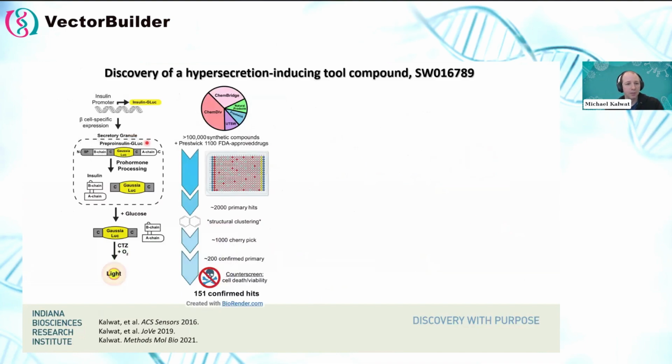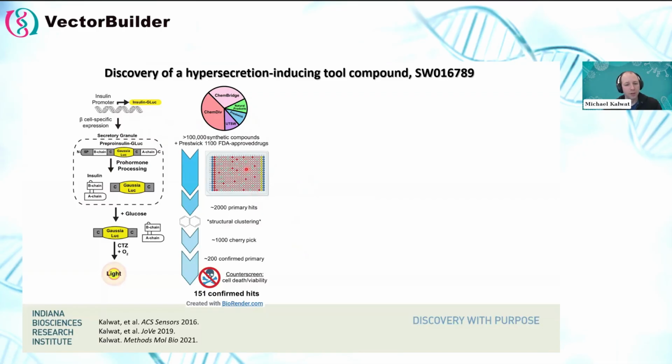We took this reporter cell line and took advantage of the fact that we had a compound library of over 100,000 compounds at UT Southwestern. The design of my screen was that we exposed cells for 24 hours to compounds in a search for compounds that chronically modulated beta cell function.